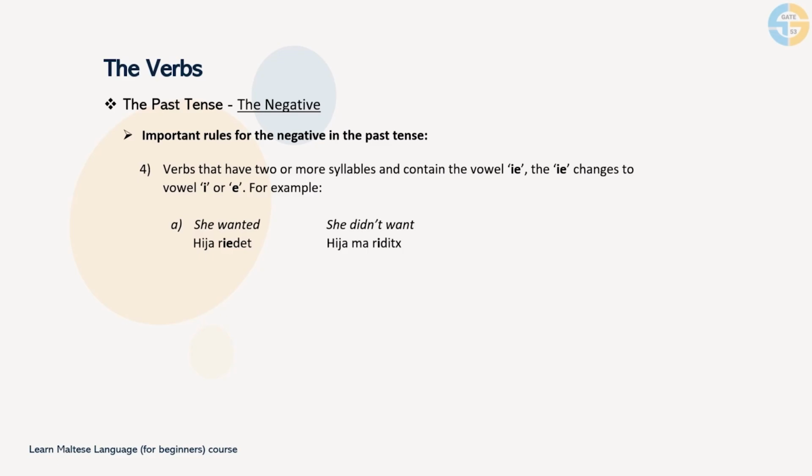So it has an e. She didn't want, hija ma riditx. So now in the negative, the e has been dropped, and instead another vowel is put in its place. Okay, and this can happen with either vowel.